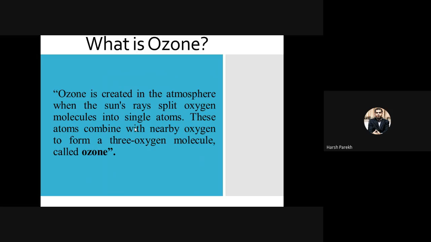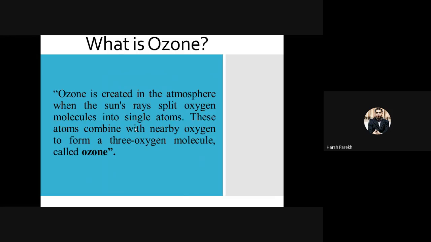So at the time when sun rays fall on it, what happens? This bond gets broken, and it acts as a layer of oxygen over there. Once the sun rays come, it breaks down again, and the procedure remains in continuity.